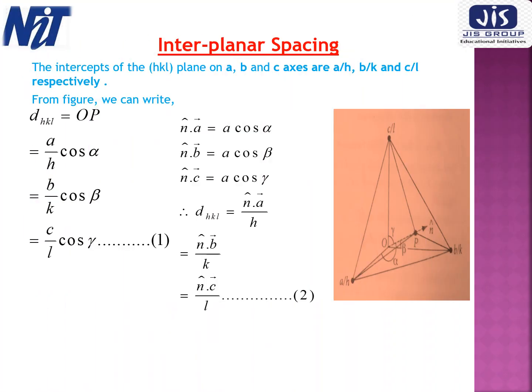Interplanar spacing. As the name suggests, here we will find the distance between two planes. For this, if we take a family of parallel planes HKL, the spacing D or DHKL between the adjacent planes of this family can be calculated by taking any lattice point as an origin, erecting coordinate axes in the three crystallographic directions A, B and C, and finding the perpendicular distance between this origin and the plane which is nearest to the origin.